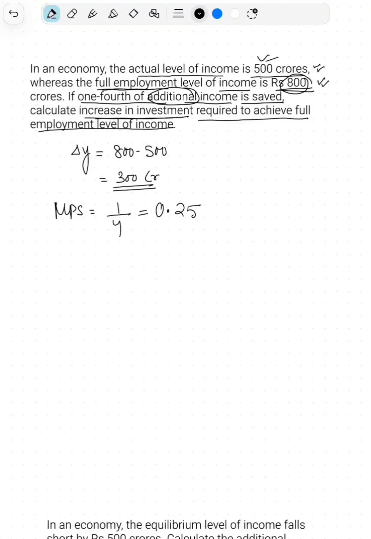Calculate increase in investment. You are required to find change in I to achieve full employment level of income. So we know multiplier is equal to change in Y divided by change in I. So how much is the multiplier?